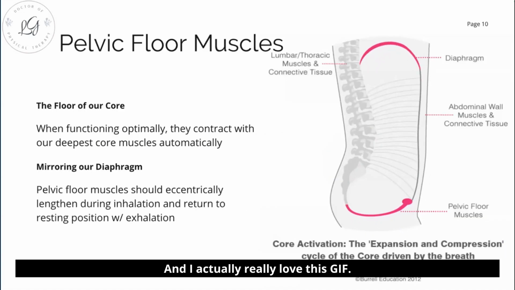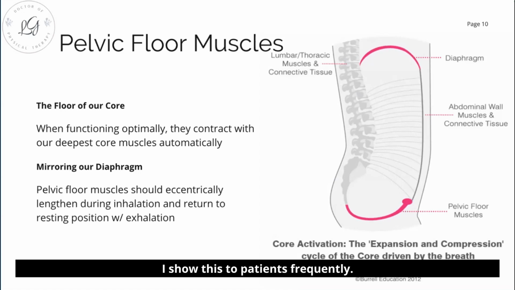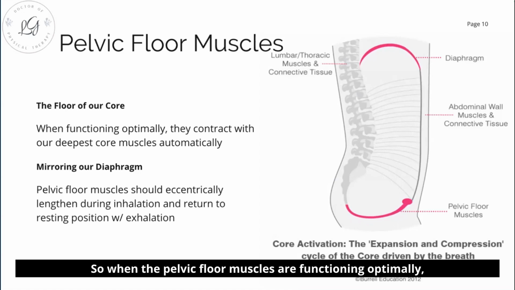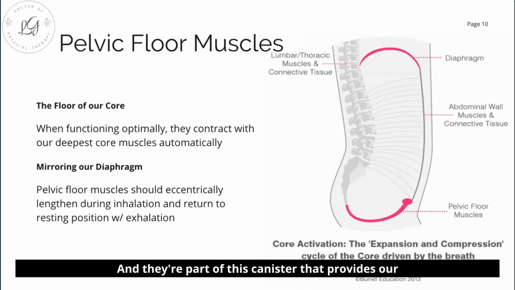And I actually really love this GIF. I stole this from BurrellEducation.com. I show this to patients frequently. So as I mentioned earlier, and as Dr. Hameed also referred to, the pelvic floor is part of a larger system. When the pelvic floor muscles are functioning optimally, they're working in concert with your abdominal muscles and your diaphragm, and they're part of this canister that provides our pressure.